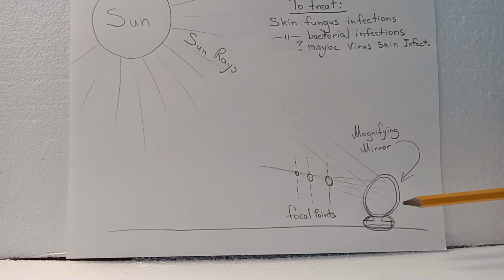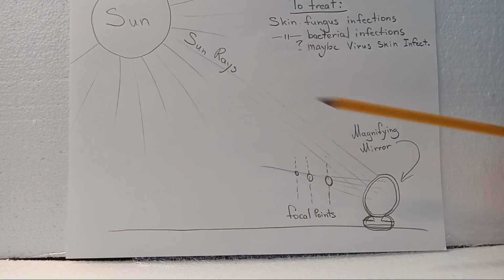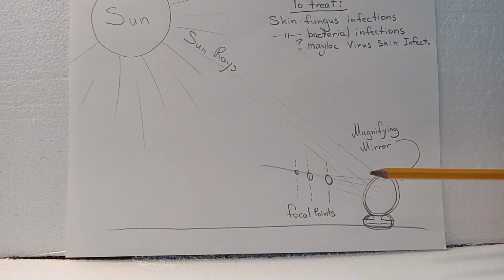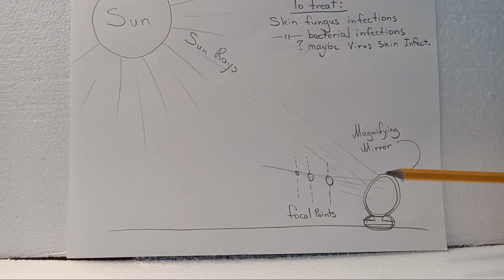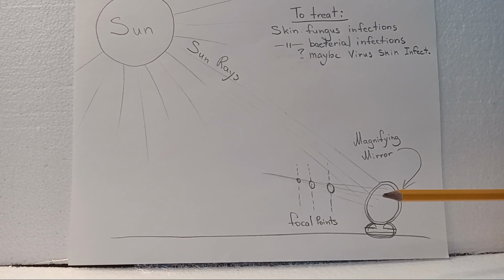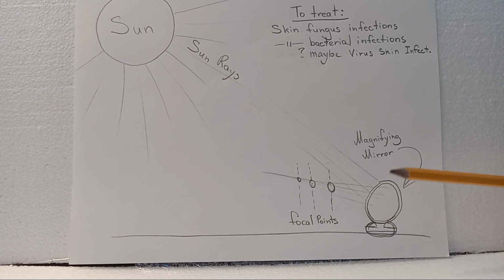But I think reflected light is going to be more effective versus the light that goes through the plastic and then you receive it. So if you guys want to try, I would really want to know how effective it is, especially for fungal infections.